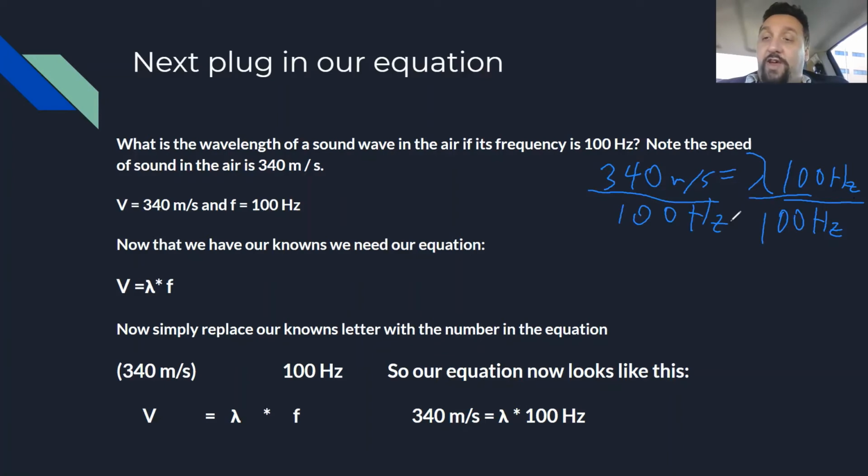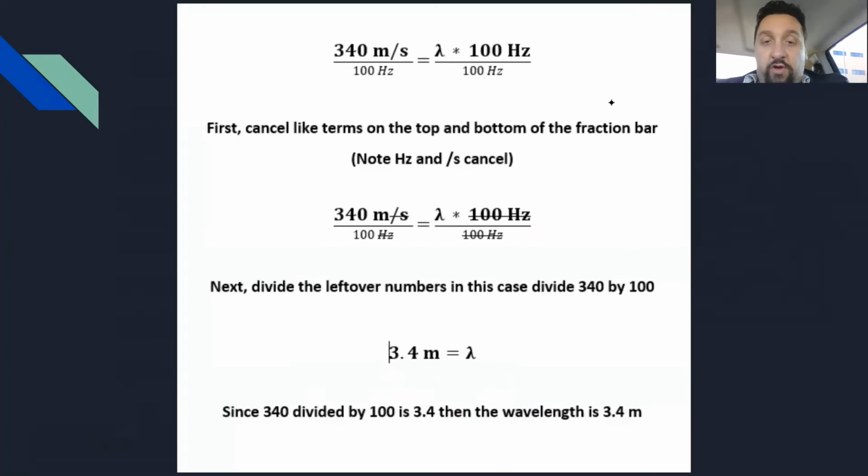So 100 hertz divided by 100 hertz cancels, leaving lambda times 1. 340 divided by 100 is 3.4. Now, you don't need to know this, but inverse seconds and hertz cancel each other out. So that leaves us with meters. So our answer is the wavelength is 3.4 meters. And here's the long form where we divide it out and get the answer.